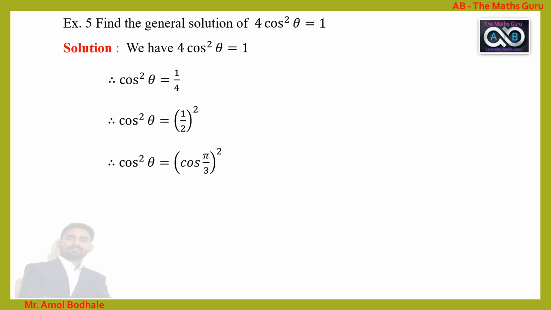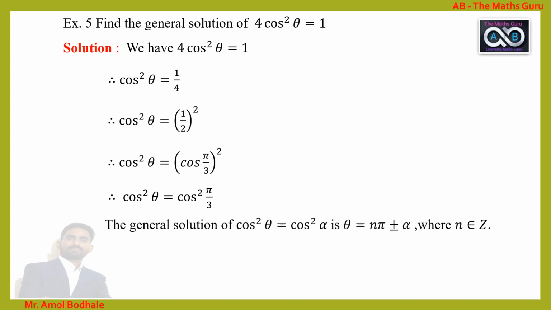So cos square theta equal to (cos of pi by 3) bracket square, and here (cos theta) bracket square can be written as cos square theta. So therefore we can write cos square theta is equal to cos square of pi by 3. So it is in the form of cos square theta equal to cos square alpha. It is the standard form.